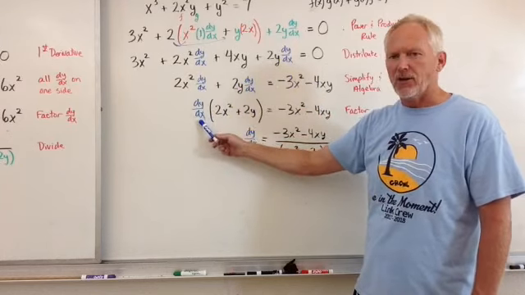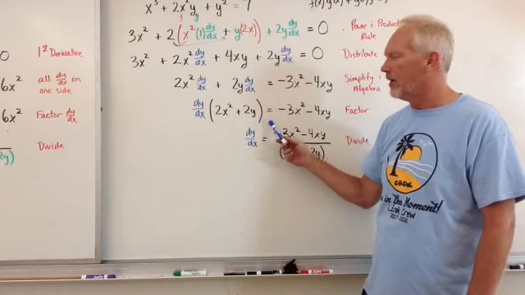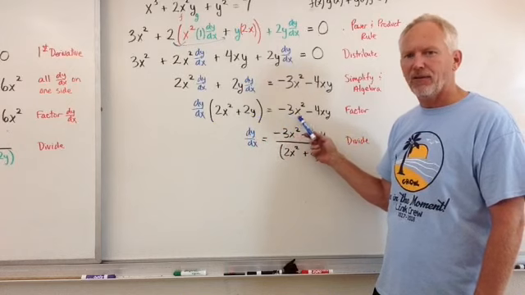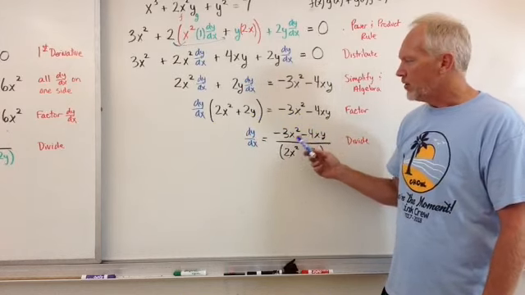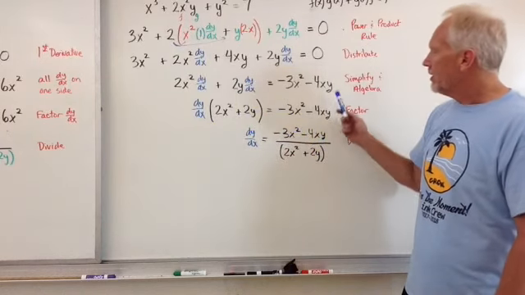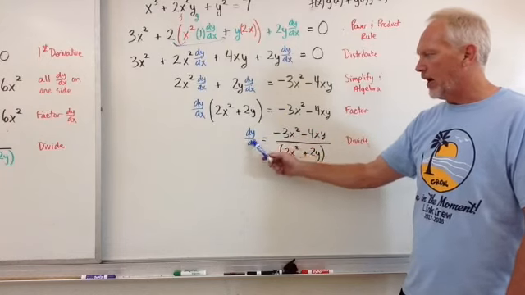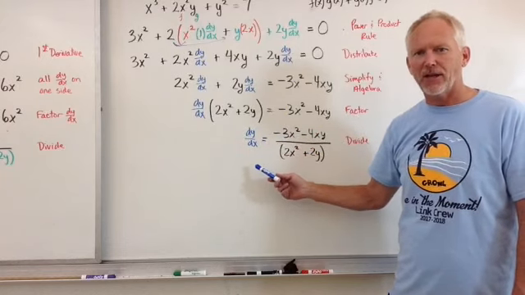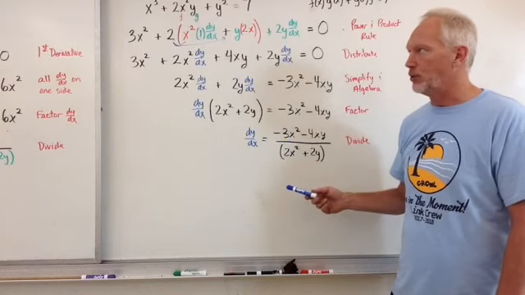Now, once I factor out a dy/dx, I get a quantity 2x squared plus 2y, and that equals negative 3x squared minus 4xy. So for a final result, what I can do is divide 2x squared plus 2y, and we get dy/dx. We isolate dy/dx by itself, and that means that we have our final solution.